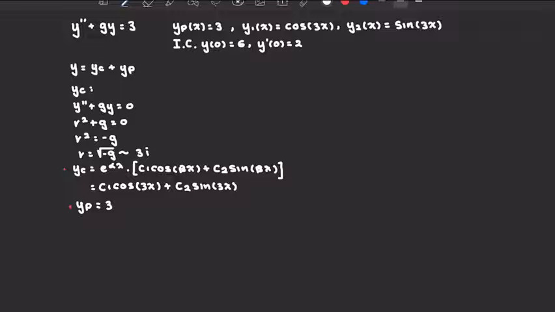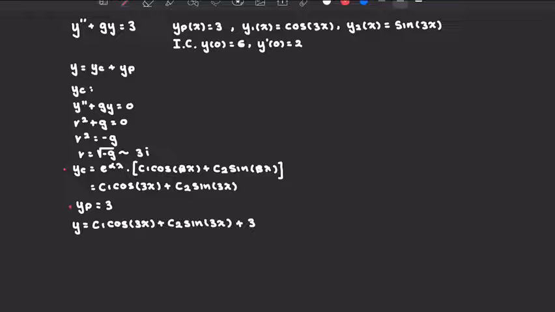Let's plug both of them into our superposition principle, which is y equals c1 cosine of 3x plus c2 sine of 3x plus yp, which is just 3. And so this is our general solution for this question.